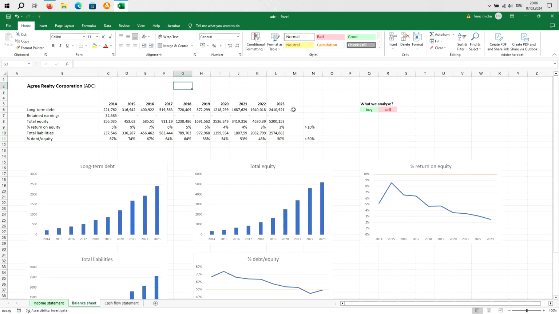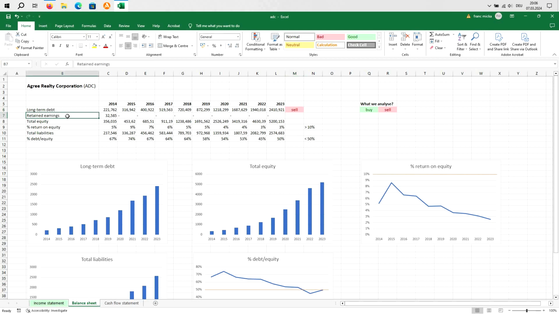So that could maybe explain this. For that we have to dig deeper into the income statement and balance sheet, obviously, basically annual reports. But we don't have time for that because your attention span is completely low, okay? So we will mark this as a sell.